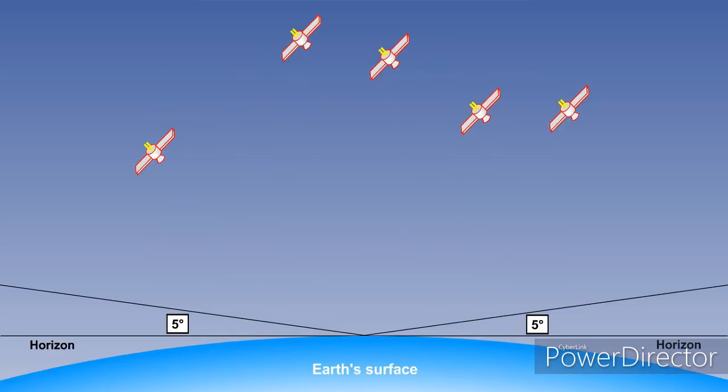The spacing in their orbits is such that an observer on or close to the surface of the Earth will have between 5 and 8 SVs in view at least 5 degrees above the horizon. An SV will be masked, that is, not selected for navigation use if its elevation is less than 5 degrees above the horizon.